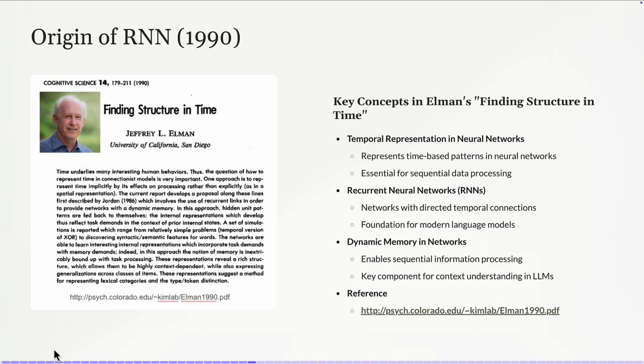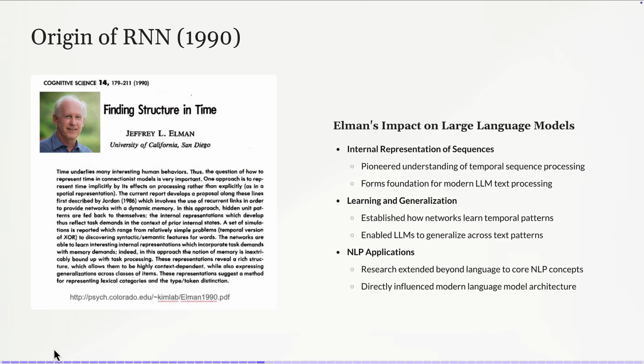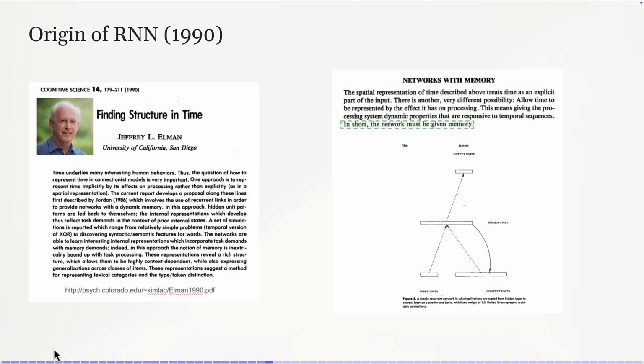And let's dive deeper into this paper. This paper also presented the internal representation of sequences. It pioneered the understanding of temporal sequence processing and forms the foundation of modern large language model text processing. Look, this was one of the diagrams that represent what we know today as a recurrent neural network. We have input units and the context unit.